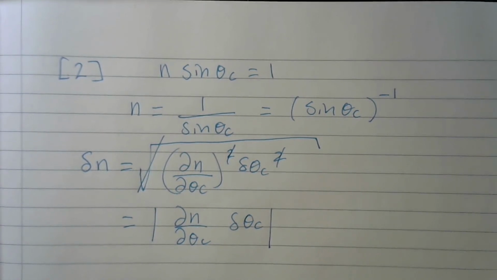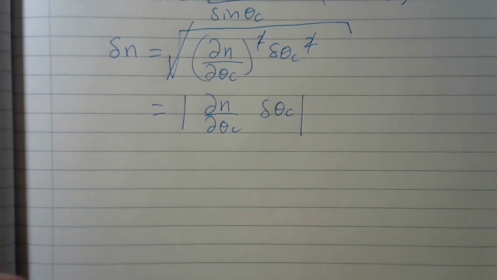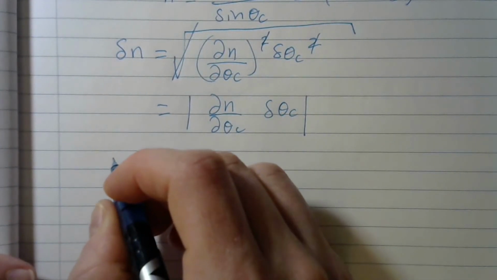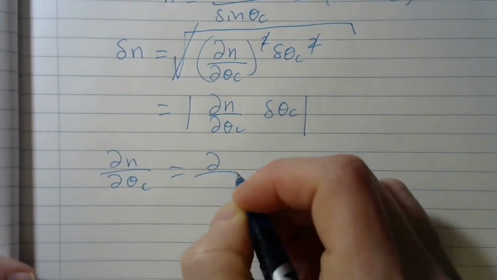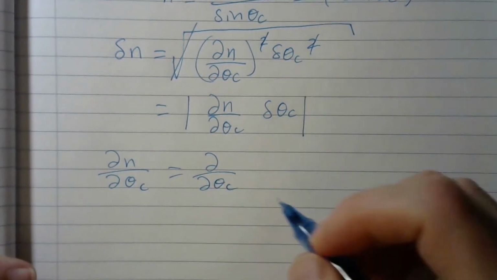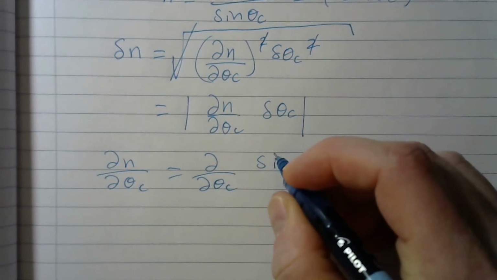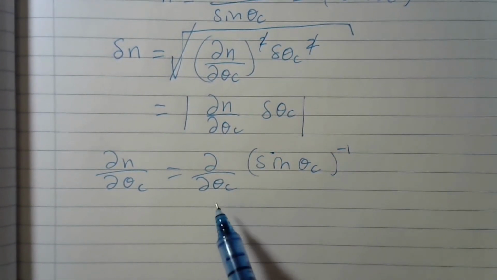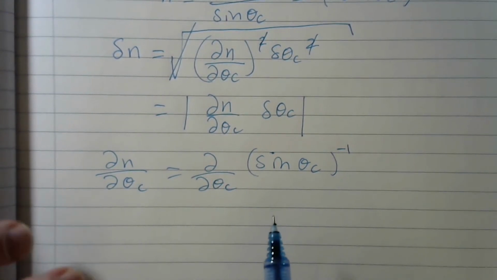Now, all I have to do is figure out what goes here, because my uncertainty came from the measured value. So when I want to take this derivative, I have the partial derivative of my n, which is sine of theta c to the power of -1, with respect to theta c. Now, since there's only one variable here, we can basically just treat this like a regular derivative.